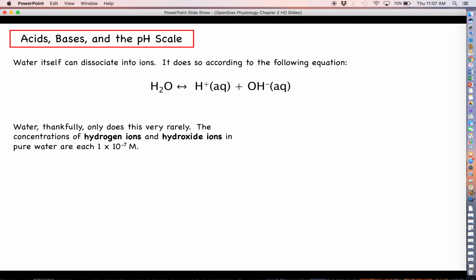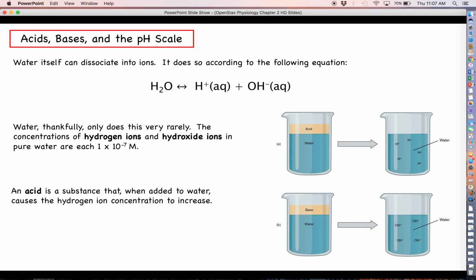So the concentrations of those hydrogen ions and hydroxide ions in pure water are each going to be 1 × 10 to the -7th molar, or moles per liter. So not very concentrated. So when we start talking about acids and bases, these are going to be substances that when added to water have the ability to change the concentration of both hydrogen ions and hydroxide ions.